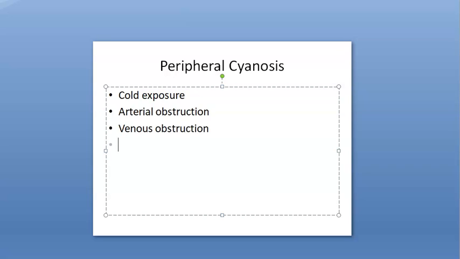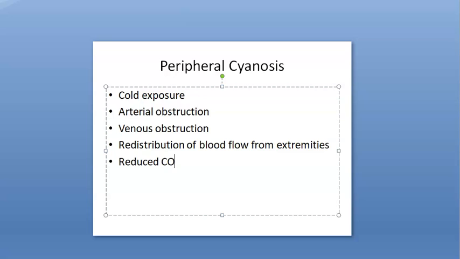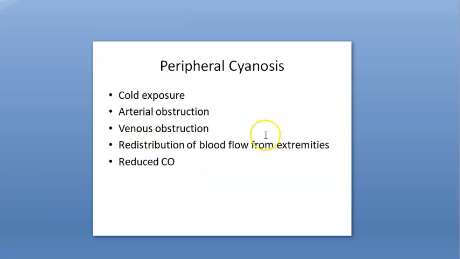So blood flow is not happening correctly there. Redistribution of blood flow from extremities. And then they are saying that there is a reduced cardiac output, but this sounds more like a central thing to me. Okay, anyways, this is peripheral cyanosis.